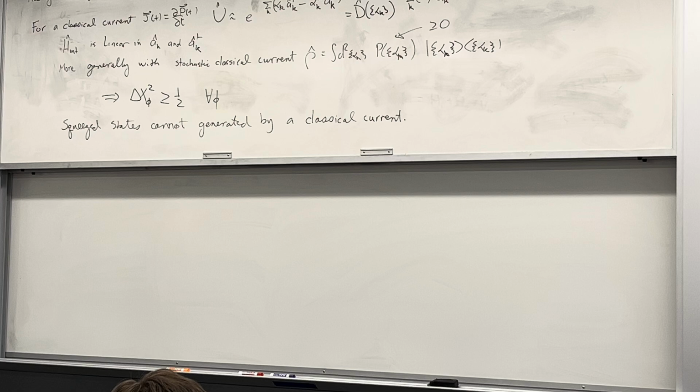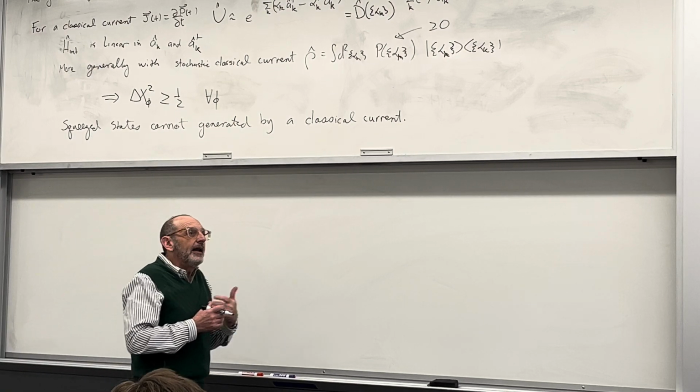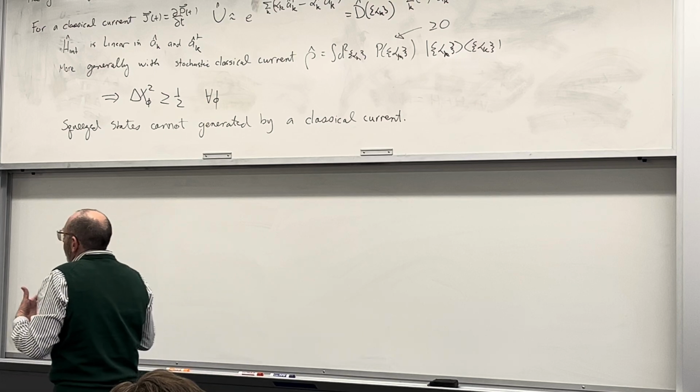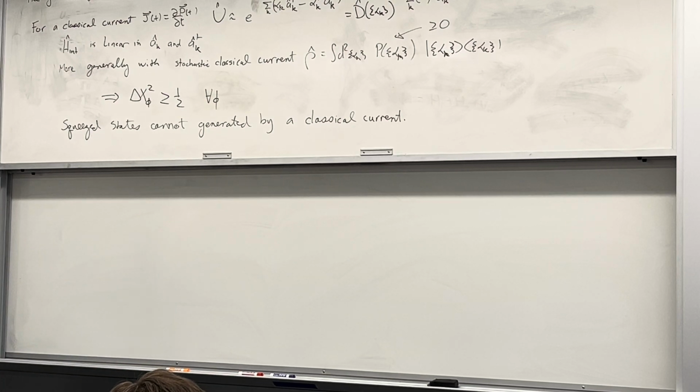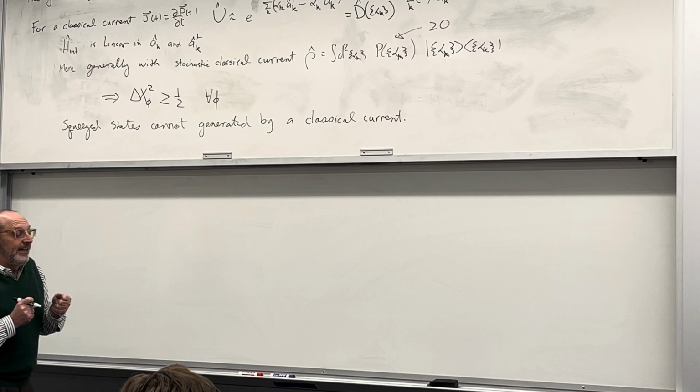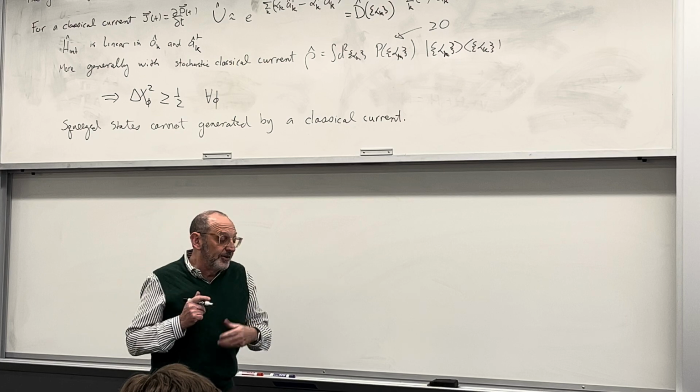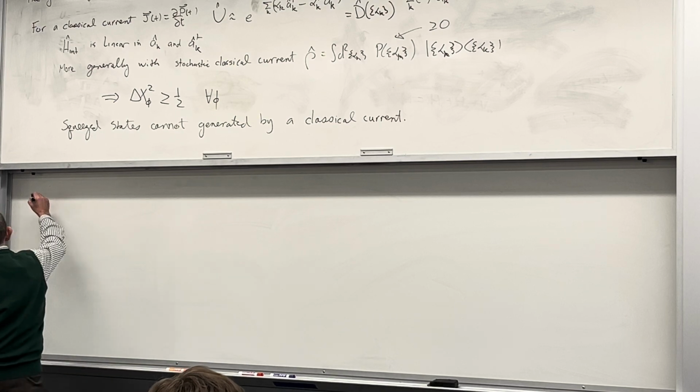So how are we going to do that? There are many ways we can think about it, but one way one can start to think about how I might generate these non-classical currents is to use the process of nonlinear optics.